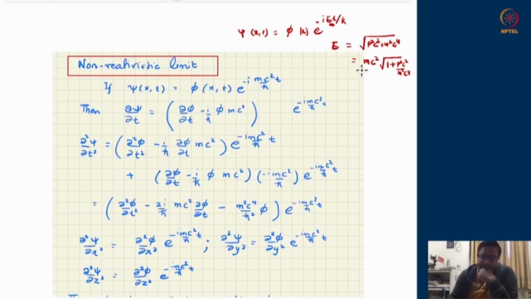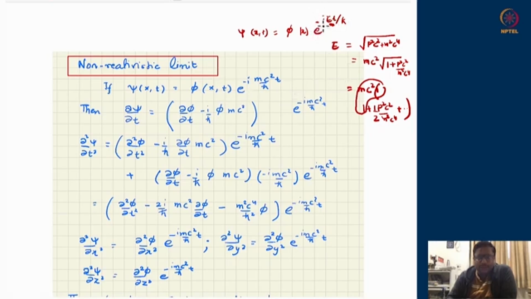So the energy can be written as a Taylor expansion of this quantity as we had done: mc square times 1 plus p square c square upon m square c4 with a power half, plus higher powers, as we have seen for kinetic energy expansion. So what we can do is separate out a rest mass energy factor mc square times 1 from the total energy, and pull it out in the exponential.